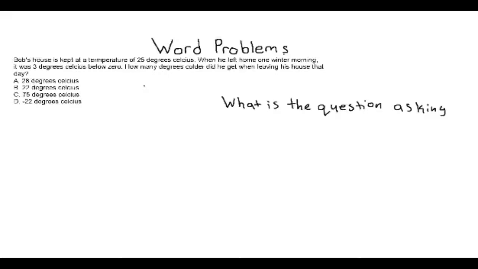So here, the last sentence was how many degrees colder did he get when he left his house that day? So basically, what the question is asking is how many degrees colder did he get? So in general, again, it's usually the last sentence inside the word problem.